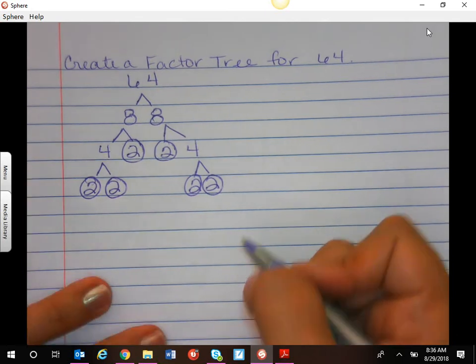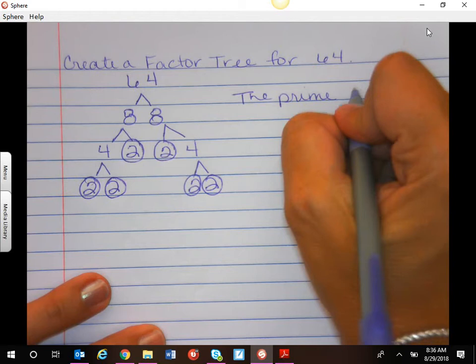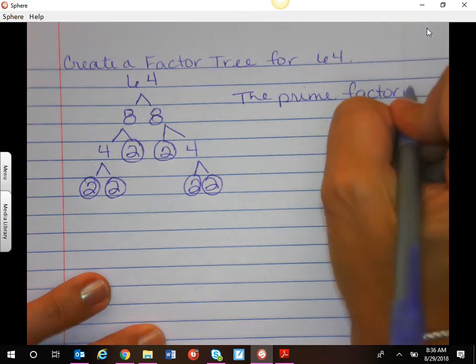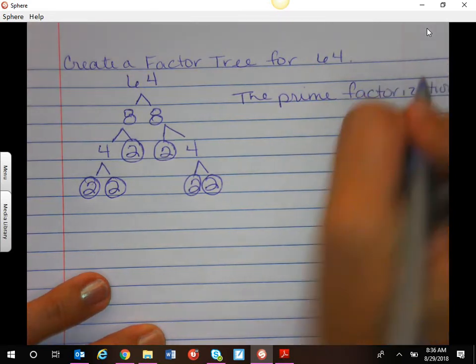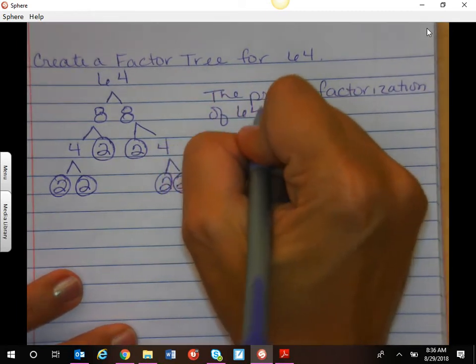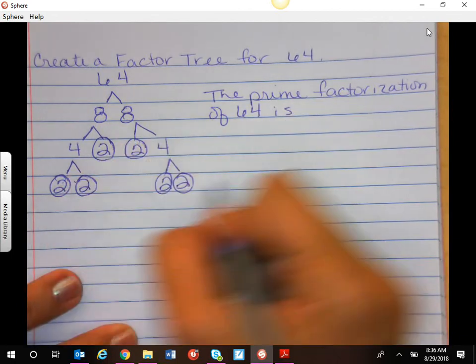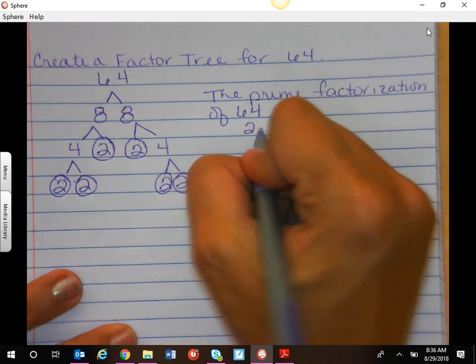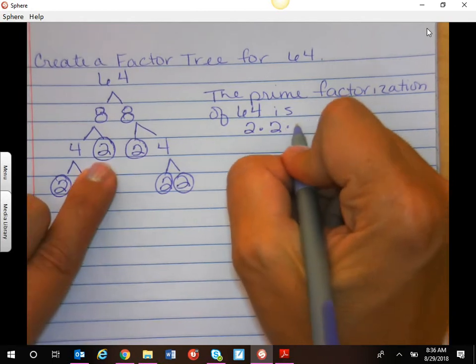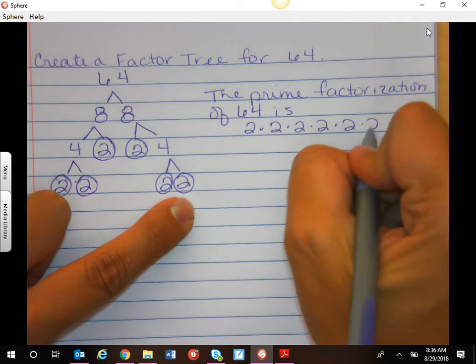So I can write a prime factorization of 64 is, and we can remember all of this is multiplying, so we can say 2 times 2 times 2 times 2 times 2 times 2.